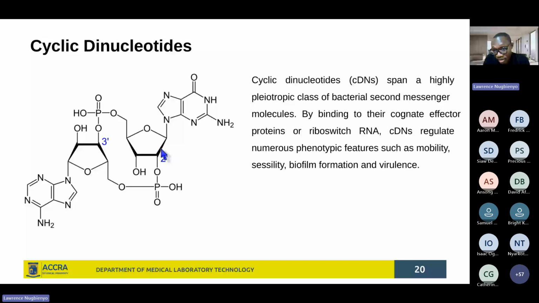You find some of these also as second messengers in some bacteria, responsible for regulating things like virulence, the ability of the bacteria to cause harm to its host, the movement or sessility, non-movement of the bacteria, things like that, or the formation of biofilm.